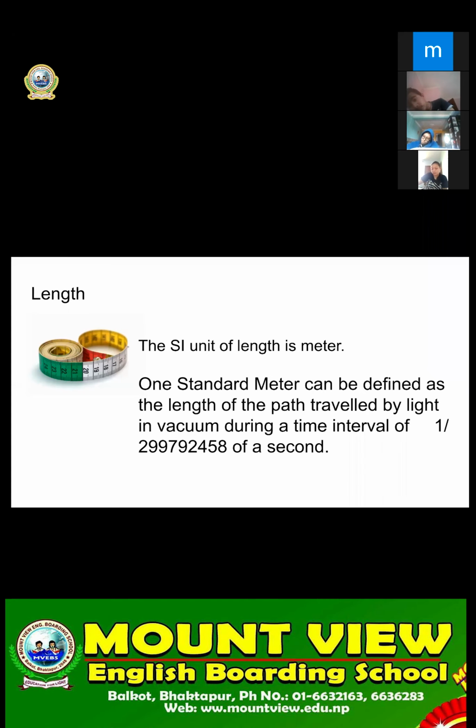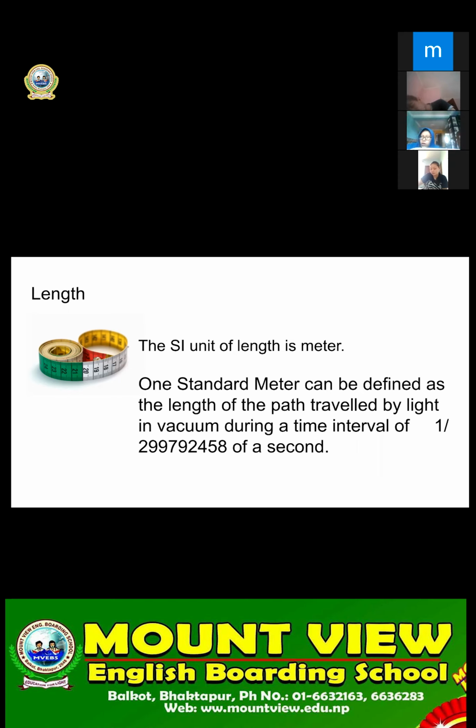Since the quantity length does not depend on other quantities, it is called a fundamental quantity. And you know, dear friends, in the SI system, the length quantity is expressed in the unit called meter. Means the SI unit of length is meter.